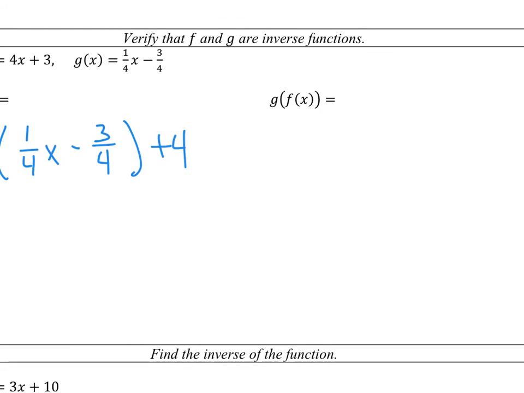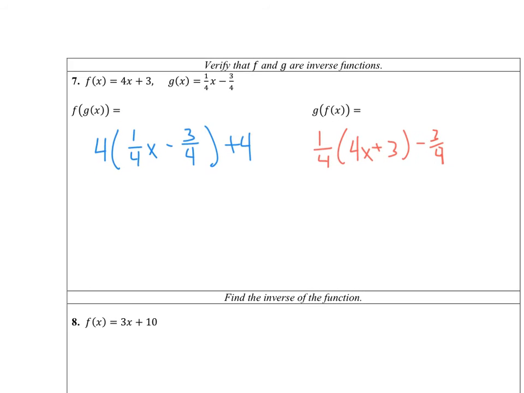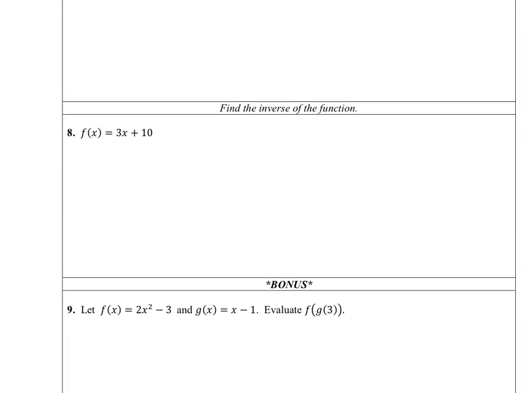And over here on the other one, should have 1/4 times 4x plus 3 minus 3/4. Now, for those of you that are actually listening to the video, your final answer on both of these is x. Everything else will cancel out, and for both of these, you should be left with the value of x. Told you, I'm in a generous mood today.